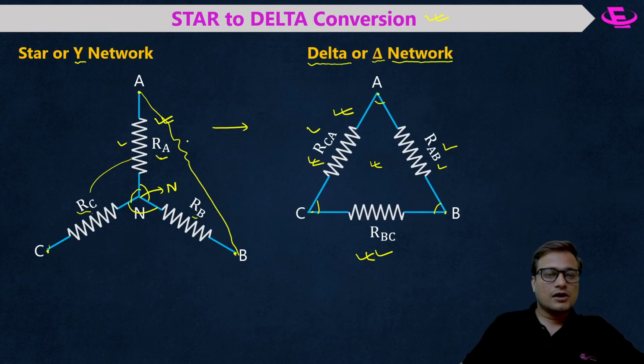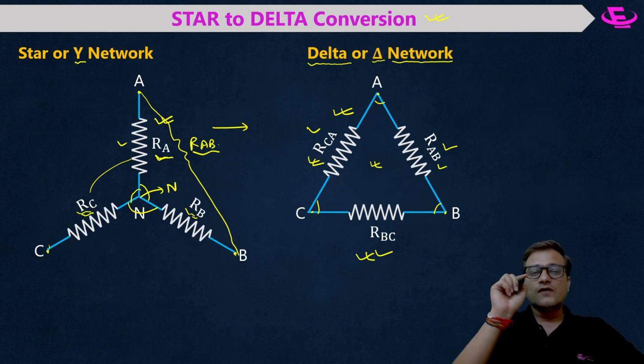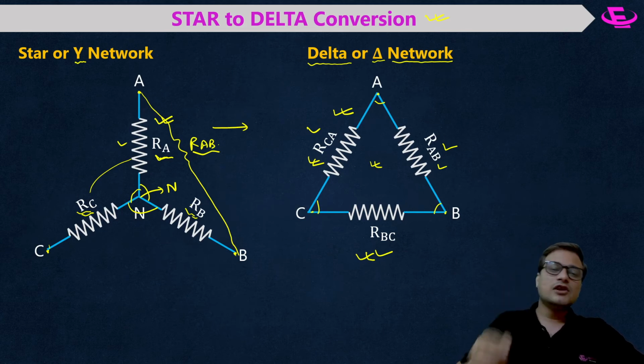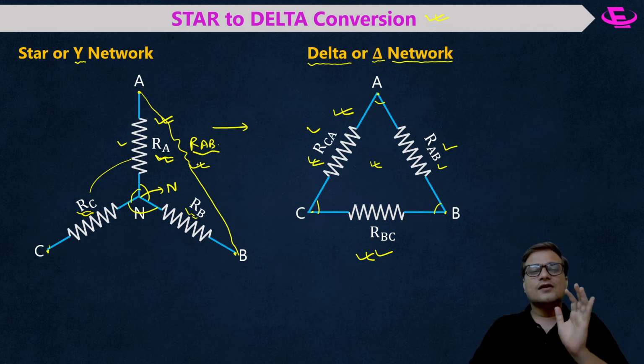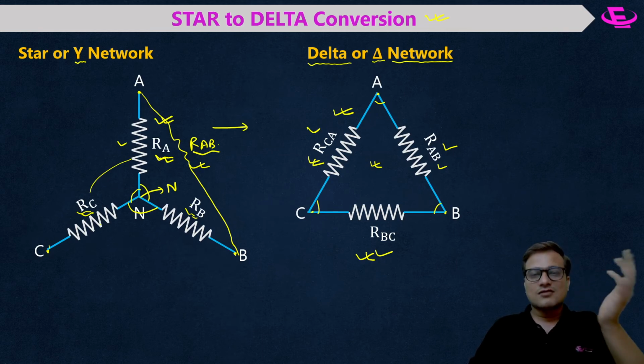So now you have to calculate RAB. Three resistors are there: RA, RB and RC. You have to pick the odd one, that means you have to divide by one resistor. Which one will you choose? You can see RA and RB, these two resistors are connected to RAB, but when it comes to dividing, we divide by the third one.